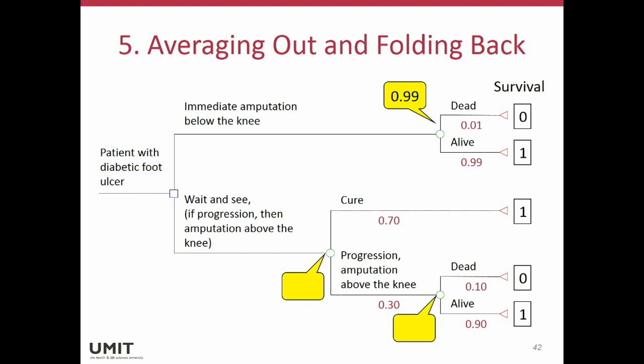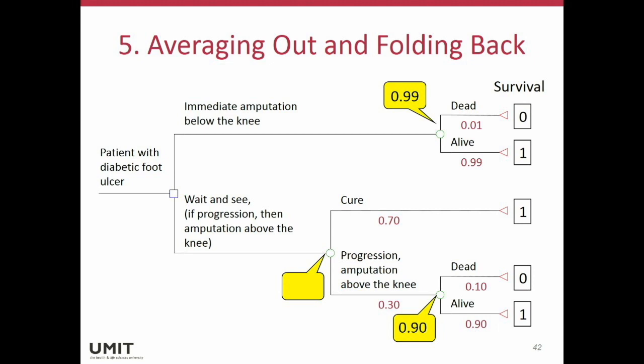0.10 times 0 plus 0.90 times 1. I do that on purpose, technically, because that's what the computer does, and you can't make mistakes if you do it that way. So that gives the 0.9. And now imagine that these 2 branches are gone. They are all folded in here.